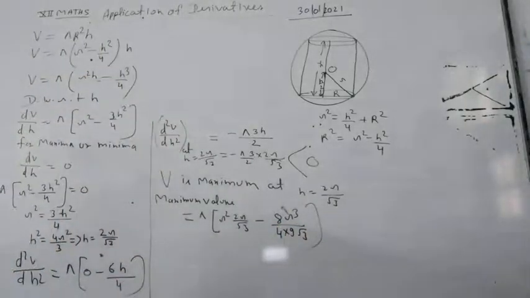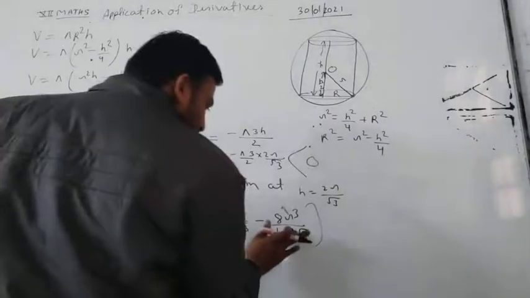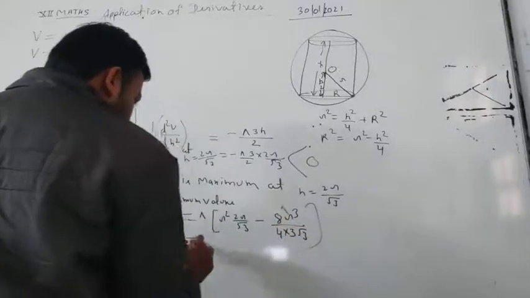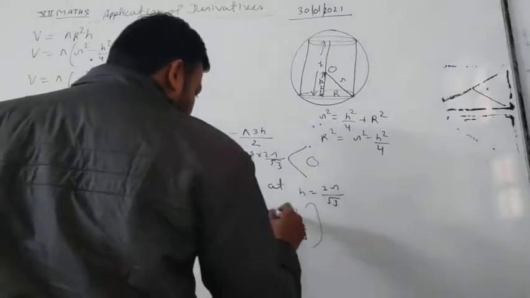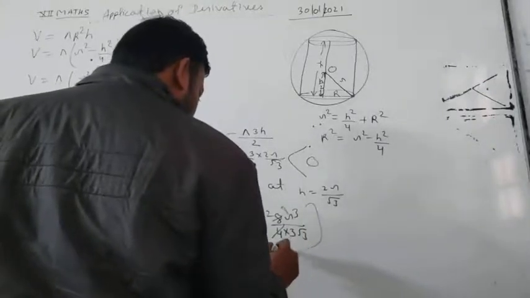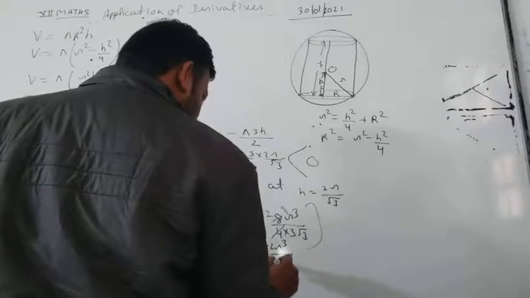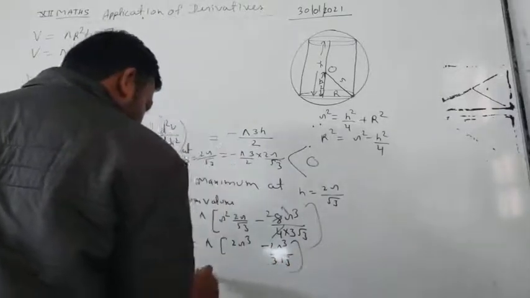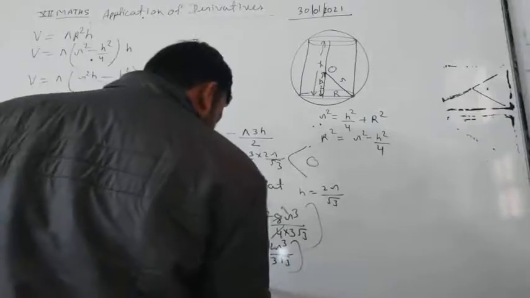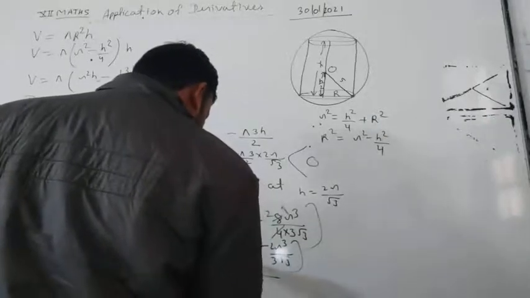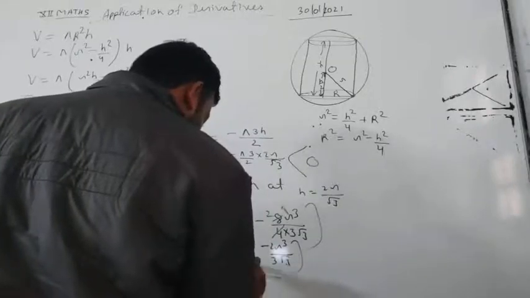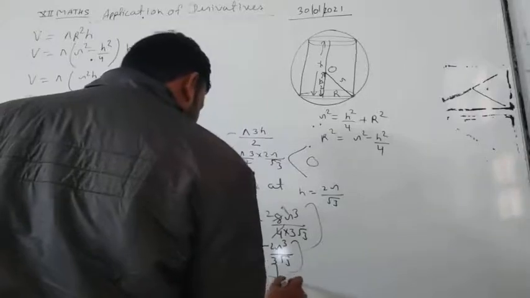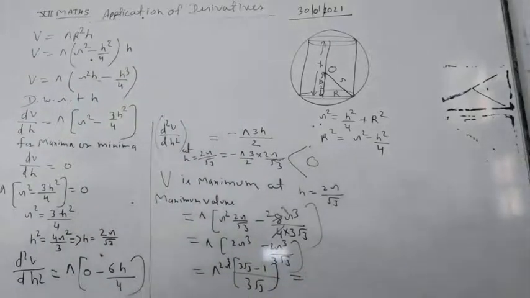Okay student, so we put all the values here. Sorry, here it will be 3, and we write this as 2r cube, and this cancels, so 2r cube by 3 root 3. Okay, so we take the LCM, we get 3 root 3, and taking 2r cube outside, 3 root 3 minus 1.